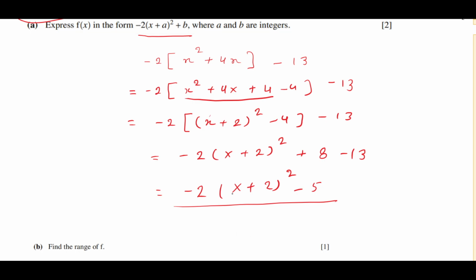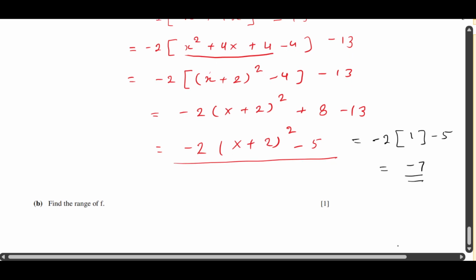If you take x as minus 3, you will get minus 2 times. If I take minus 3, so minus 3 plus 1, minus 3 plus 2, it will become minus 1, and the square of minus 1 will be plus 1 only. So minus 2 times plus 1, minus 5. So I get the value as minus 7, right?